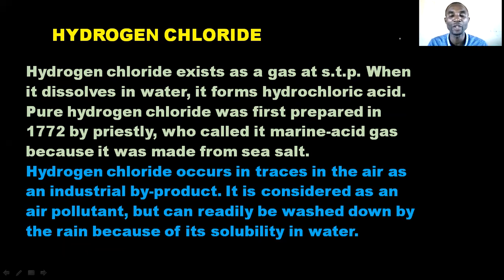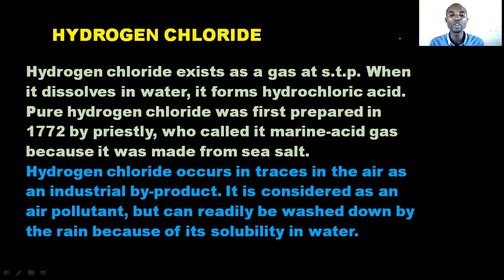STP means standard temperature and pressure. And when it dissolves in water, it forms hydrochloric acid. The same formula, but the pronunciation and their existence differs. Hydrogen chloride is a gas, but hydrochloric acid is an aqueous solution.